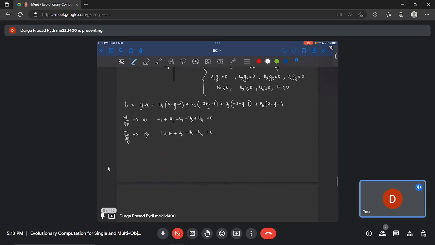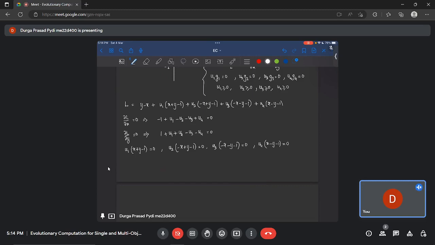The next set of 4 equations are from my KKT conditions: u1 times g1, which is x plus y minus 1, should be 0; u2 times g2, which is minus x plus y minus 1, equal to 0; u3 times g3, which is minus x minus y minus 1, should be equal to 0; and u4 times g4, which is x minus y minus 1, equal to 0.